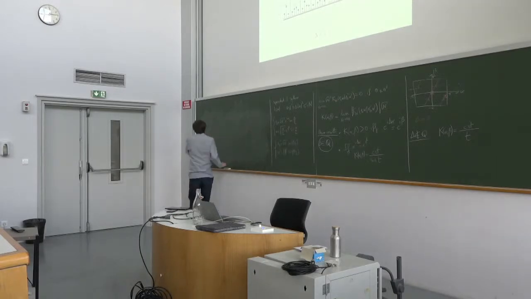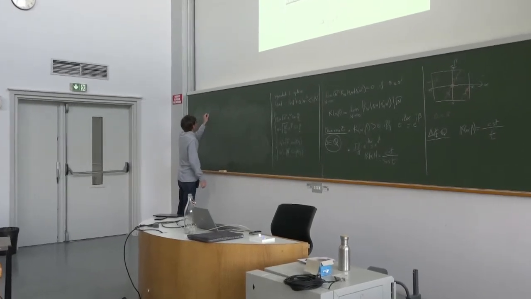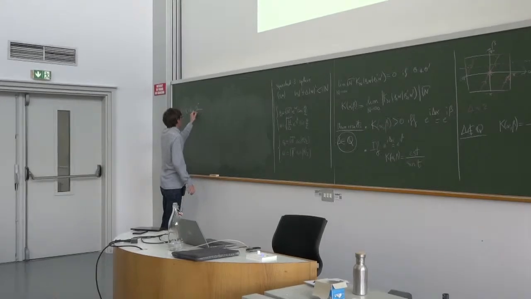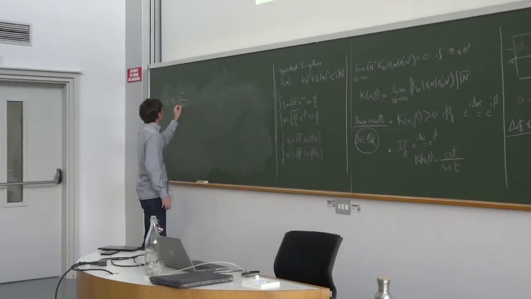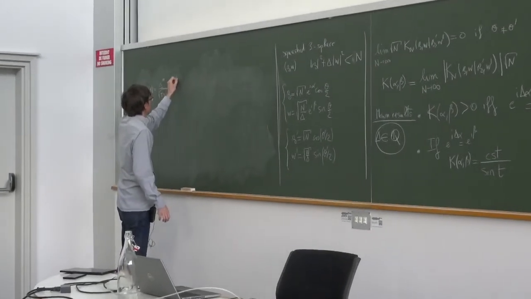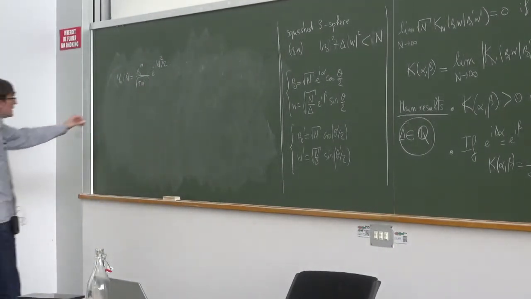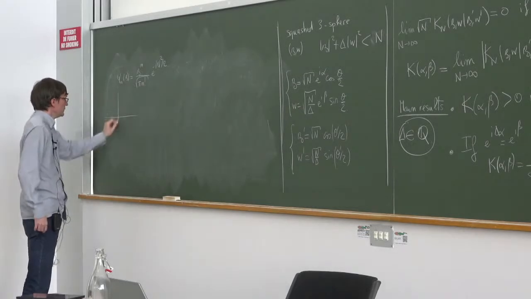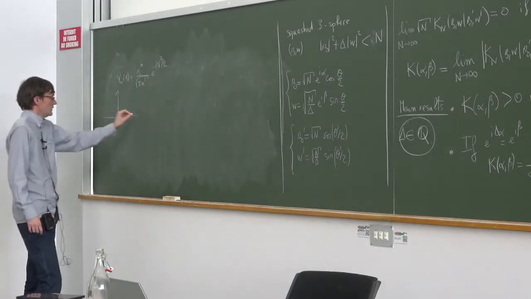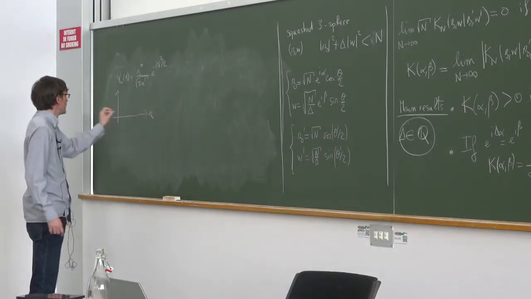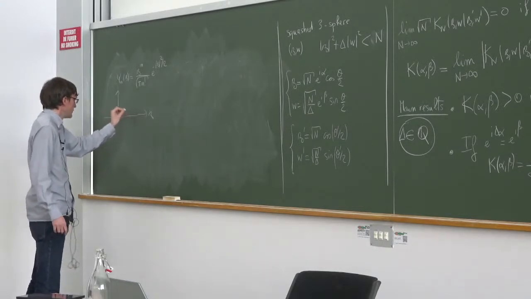In 2D I had my wave functions, which were like this: z to the m over square root of pi factorial m, times exponential of minus z squared over 2. You can make this rigorous without too many difficulties, but basically these are wave functions which are very localized.